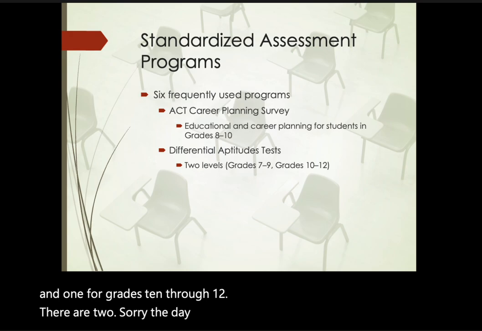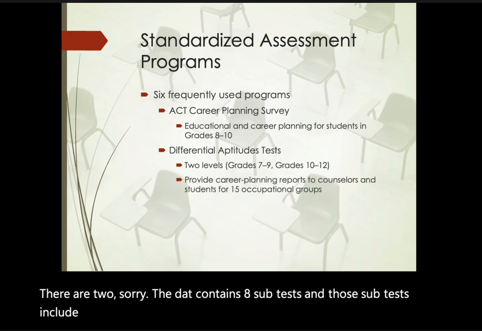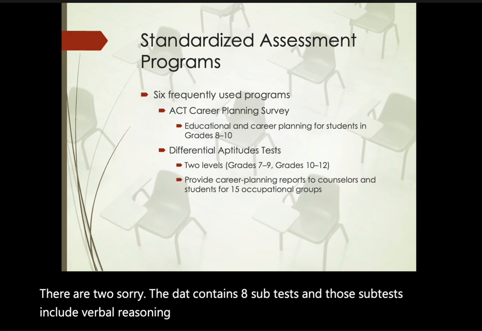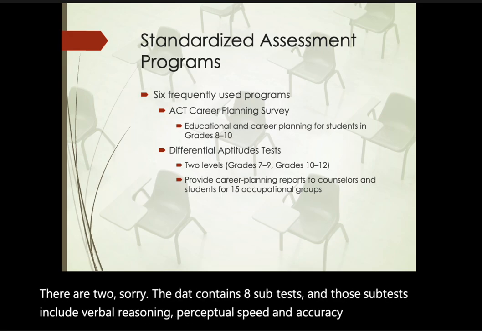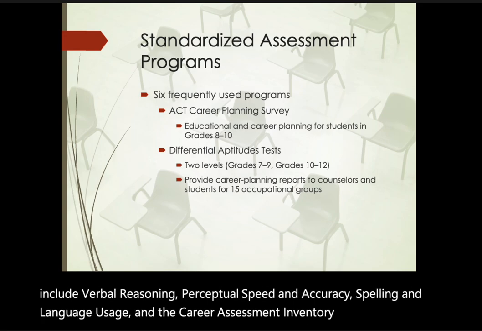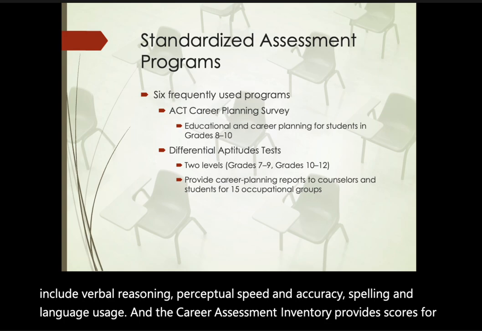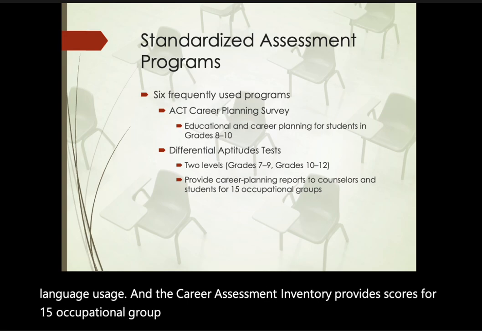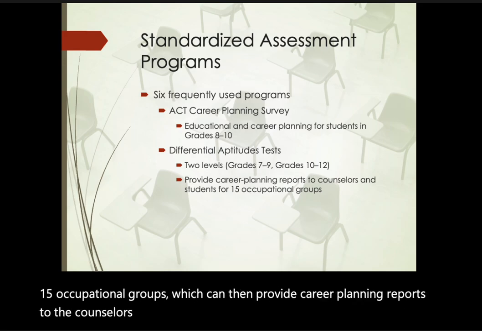The DAT contains 8 subtests, and those subtests include verbal reasoning, perceptual speed and accuracy, spelling and language usage, and more. The Career Assessment Inventory provides scores for 15 occupational groups, which can then provide career planning reports to the counselors to inform the counseling that you're doing with the client.